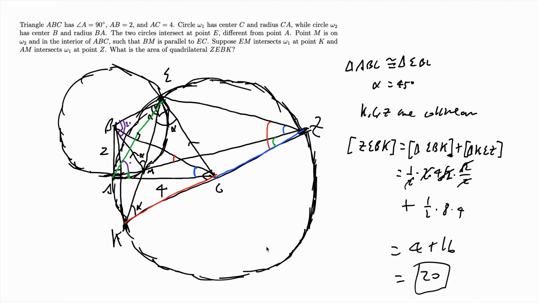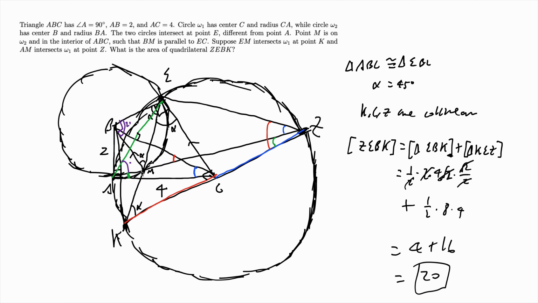When I first tried this problem, I was trying to use the power of a point theorem, because I think that's what we should try, because we see AM times MZ and EM times MK. But I didn't find that to be really helpful, even though the area is related to length.